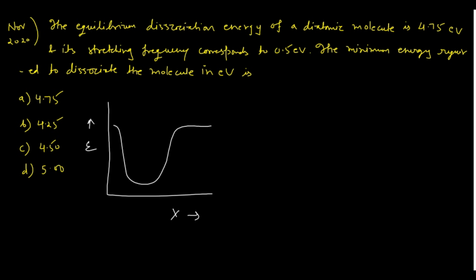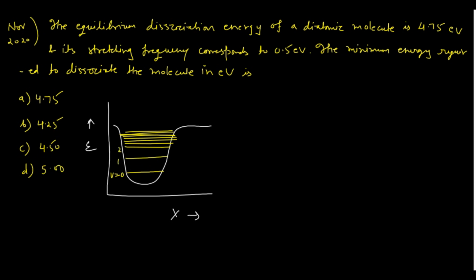And if you start from here, this was the condition of the Morse potential, and say V equals 0, 1, 2, and so on.